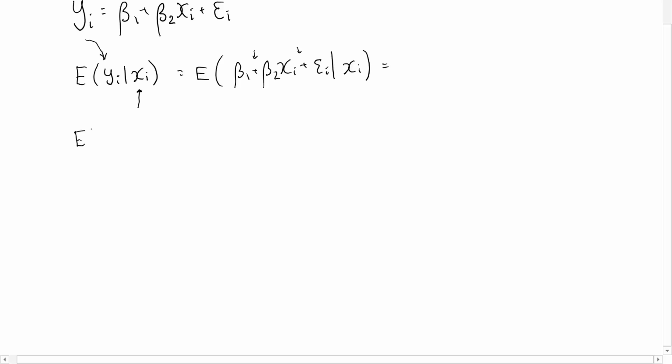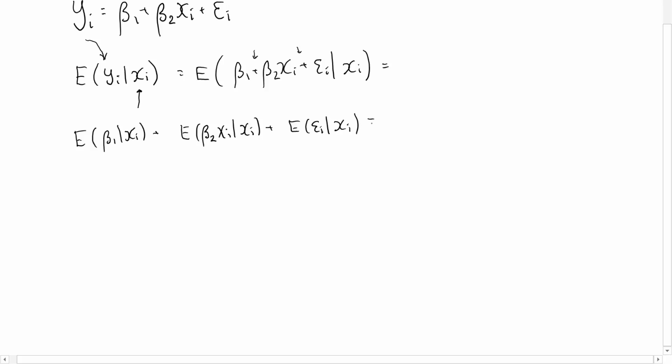So I can write it as the expected value of beta 1 conditional on xi plus the expected value of beta 2 xi conditionally on xi plus the expected value of epsilon i conditionally on xi.